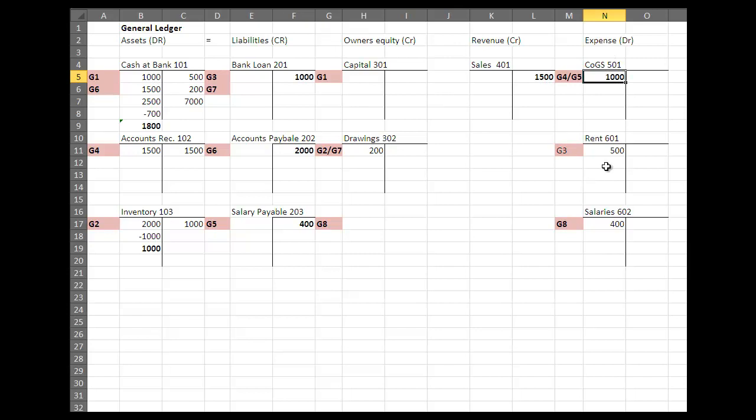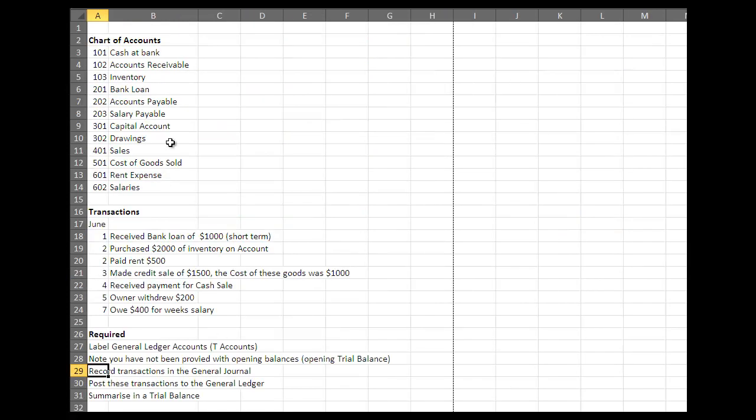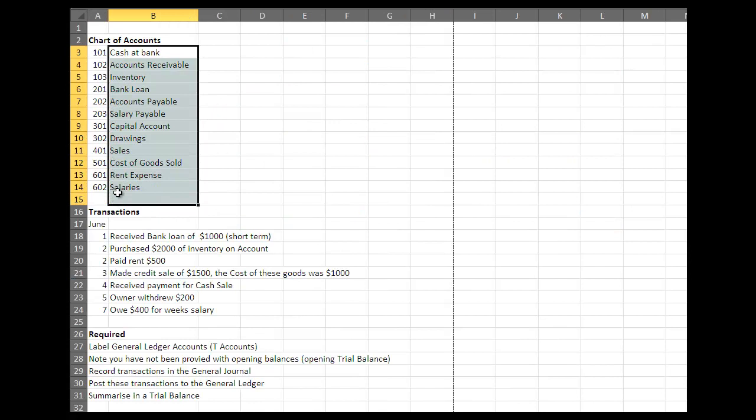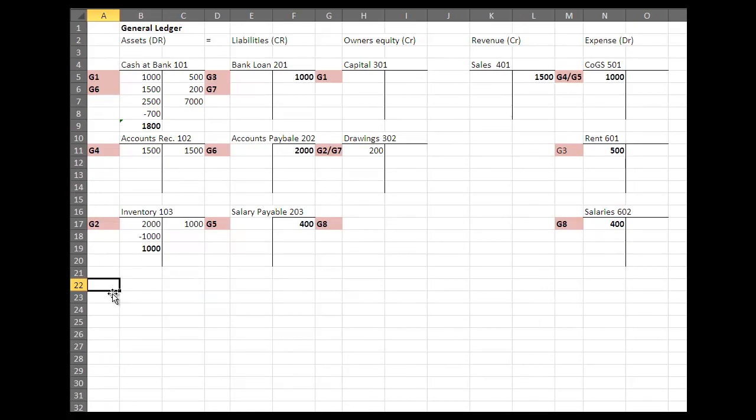So now we're ready to do the closing trial balance. So closing trial balance, let's have a look. These are the accounts we had.